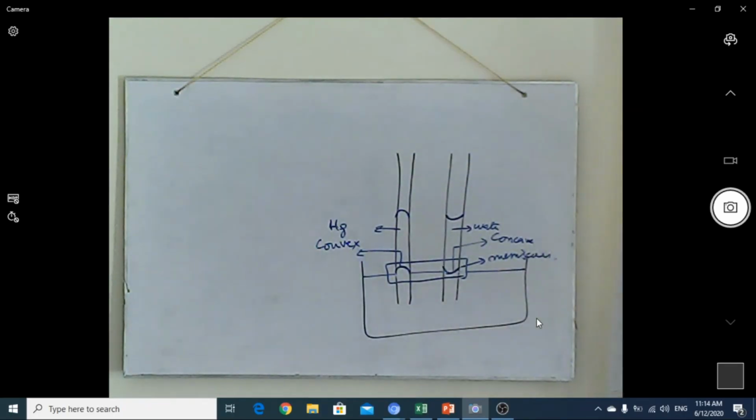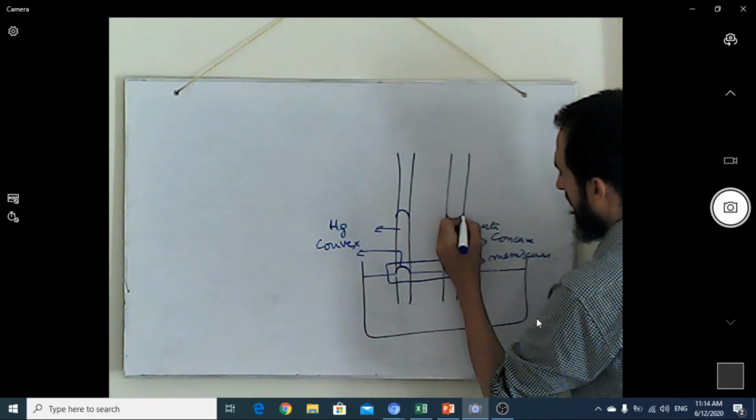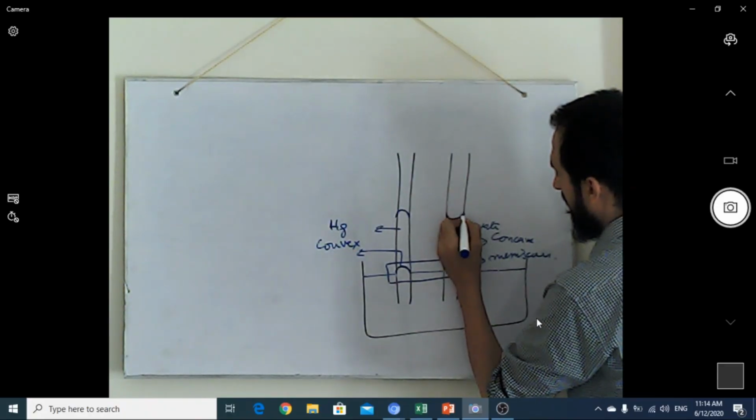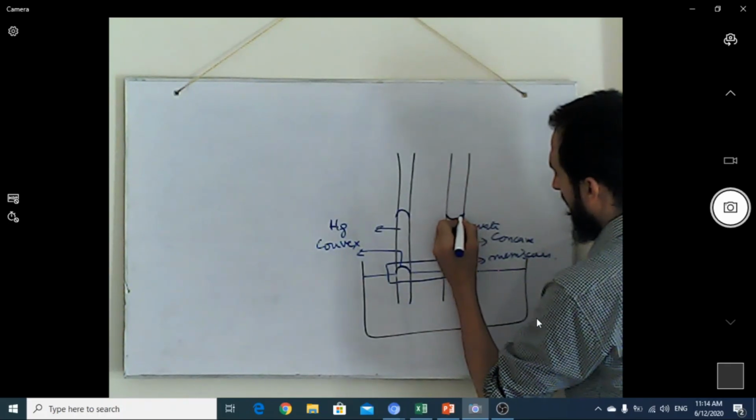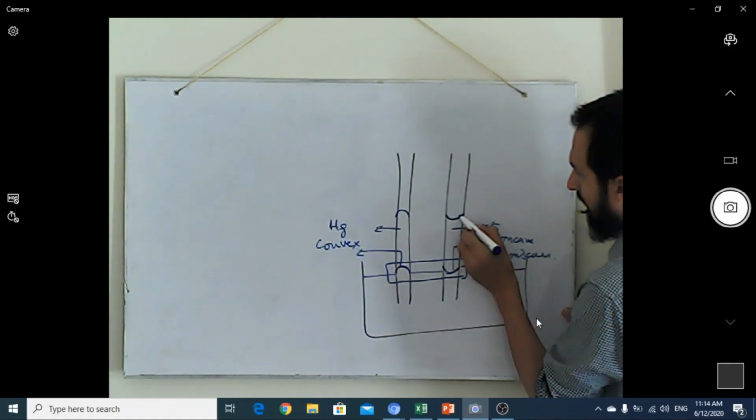So we define a term called the contact angle. The contact angle is nothing but we tangentially draw a line with the molecular touch and how they interact with this wall. So for water it will be like this.